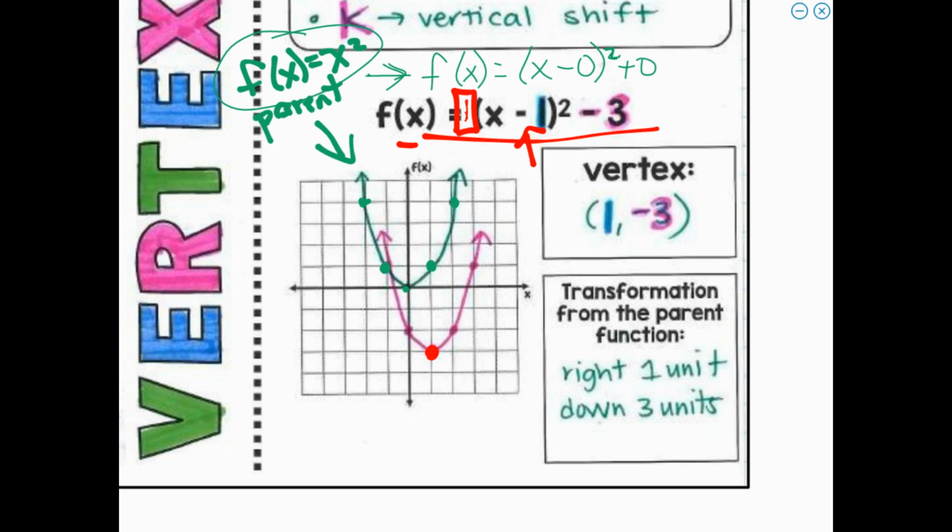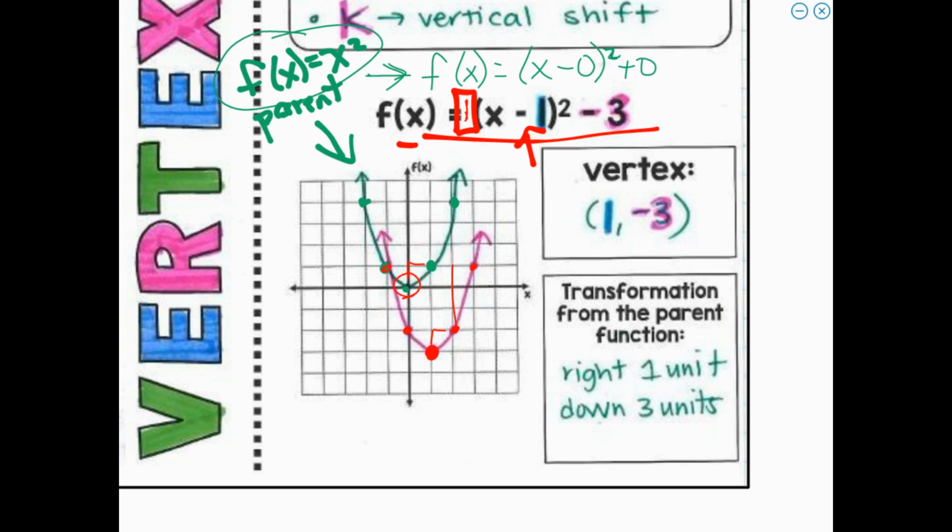So your other points would do the same thing. It starts at the vertex, up 1 over 1, up 1 over 1. So there's your next point, and it reflects on the other side. Then from here we go up 3 over 1, and it reflects on the other side. So there would be my 5 coordinates that I would write.